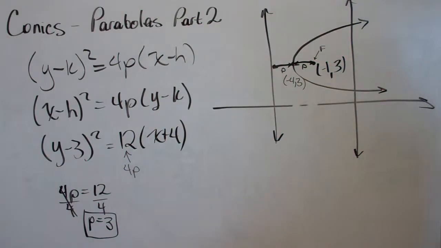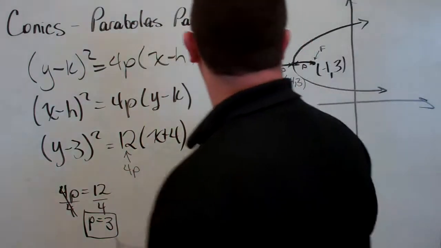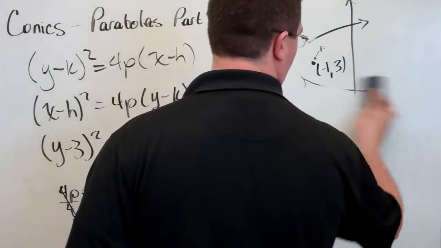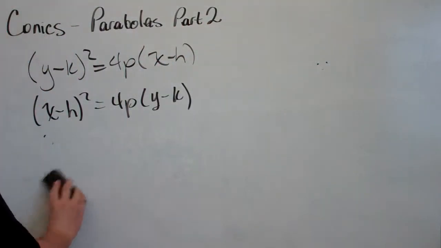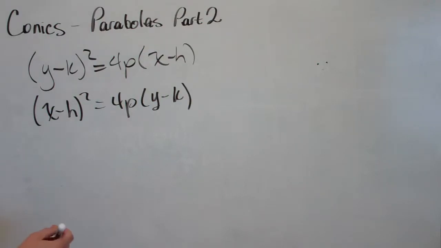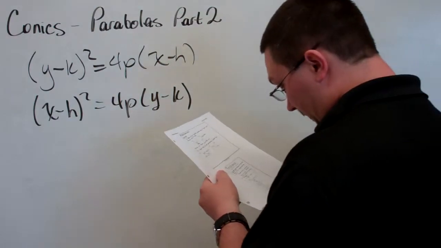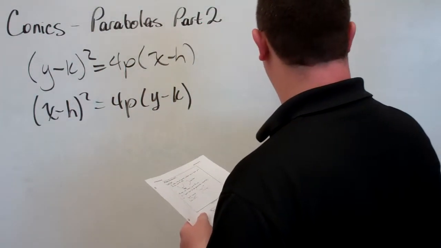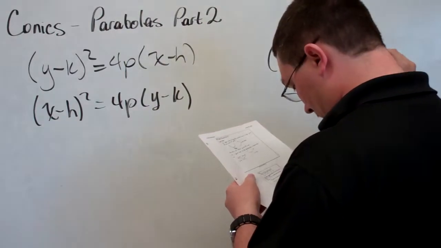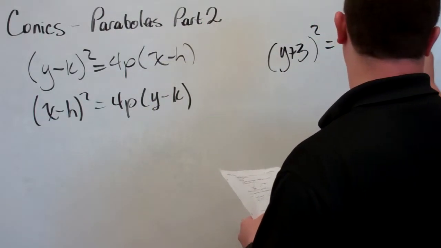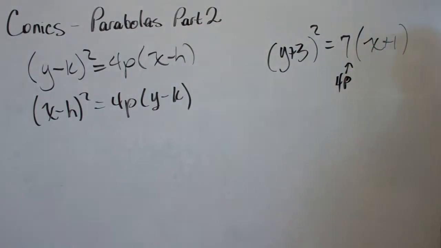Now, this could also be a fraction. If I were to give you an equation where the number in front of the parentheses was not a multiple of 4, you would end up with a fraction. For example, say I gave you (y + 3)^2 = 7(x + 1). Well, this 7 is still 4 times p.